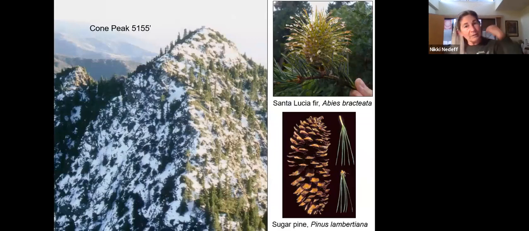Cone Peak does get snow. It does persist. And it also supports sugar pine, incense cedar, and this amazingly interesting Santa Lucia fir, Abies bracteata, which is the rarest fir in the world. It occurs nowhere else except for our coastal Santa Lucia range in a very short north to south population distribution.